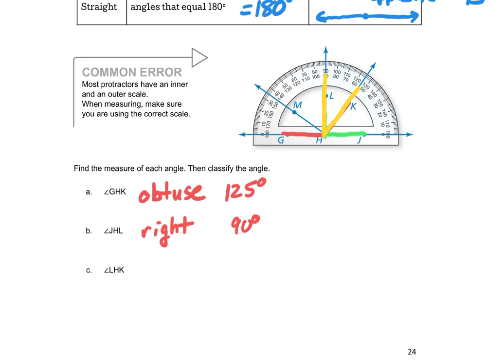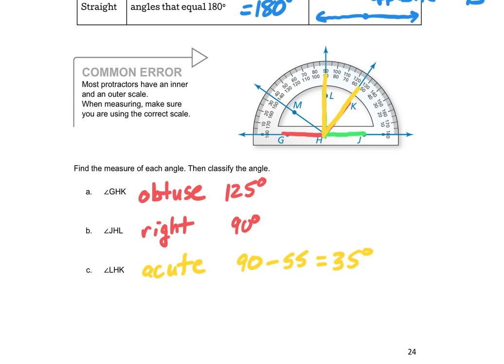So how far is it from 90 down to 55? How far have we gone? 35, okay? So we would do 90 minus 55 equals 35 degrees, which makes that an acute angle.